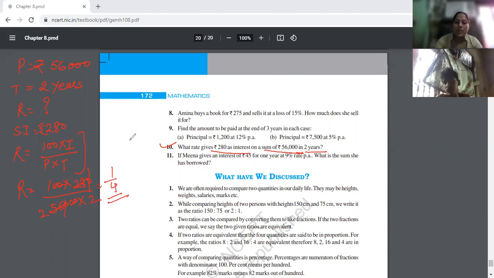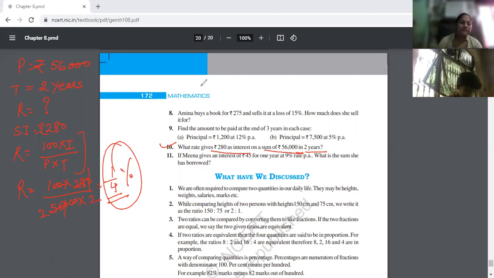So the rate is 1 upon 4 percent. You can solve it in decimal also: 0.025 percent.